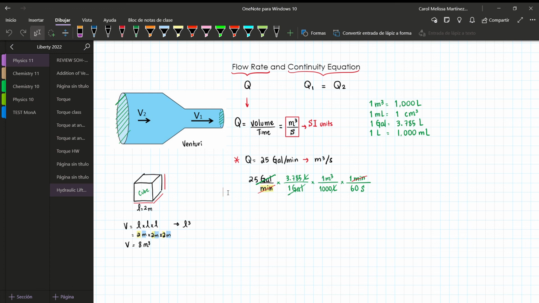How much is this? How much did you say, sorry? 1.58 times 10 to the negative third power, and these are going to be cubic meters per second.